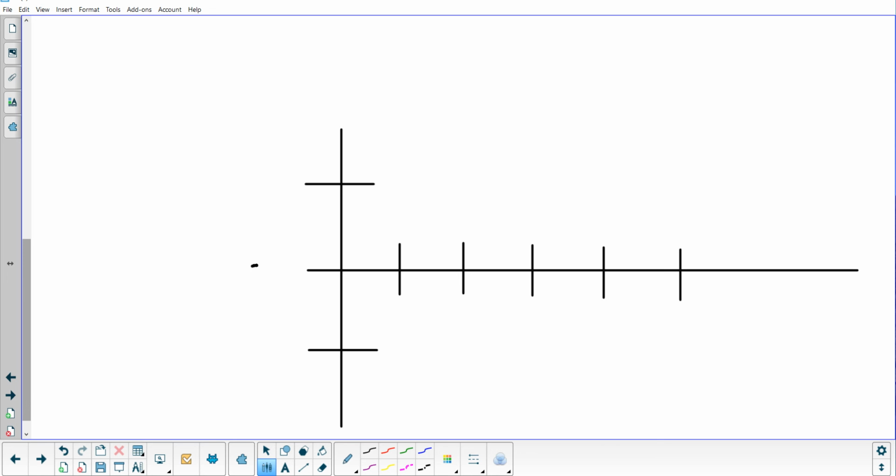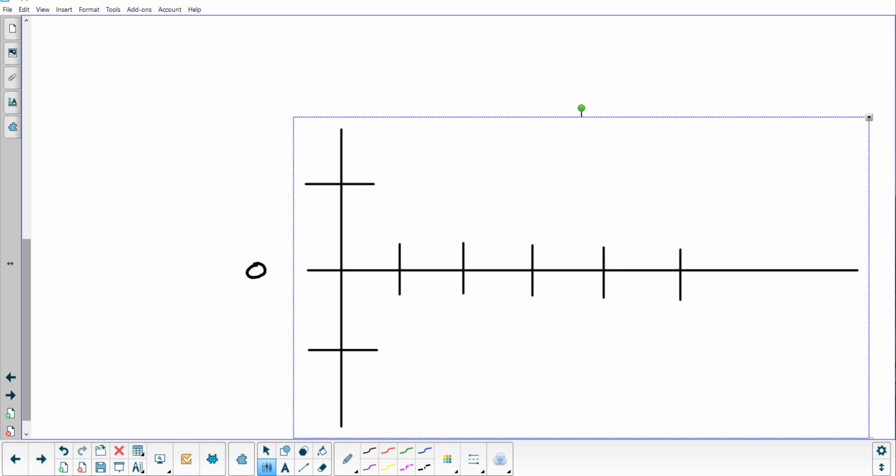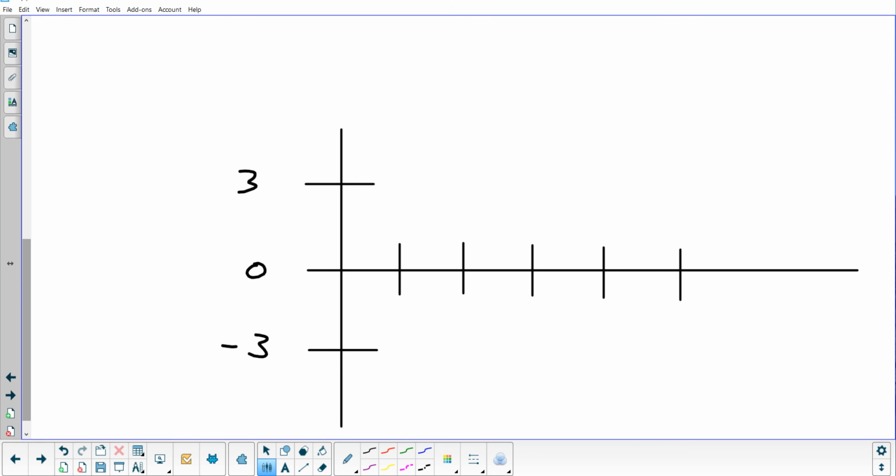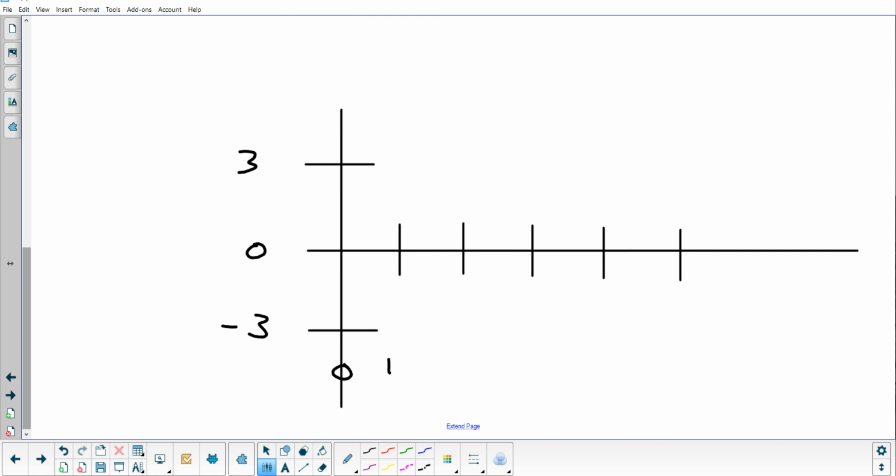So what you can do is instead of going by ones on the y-axis, let's scale the tick marks to go by threes. And then it technically will look the same size as every other graph we're doing, but it's because we changed the scale. All right. And then these we can label.